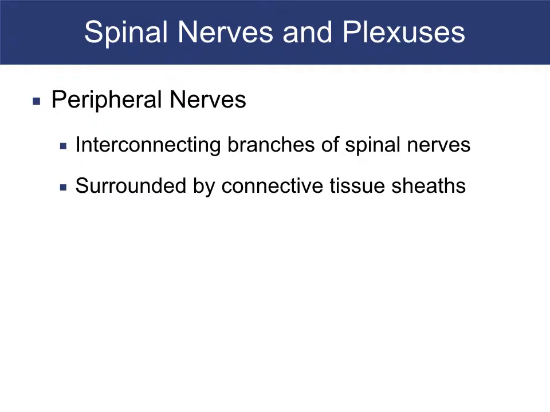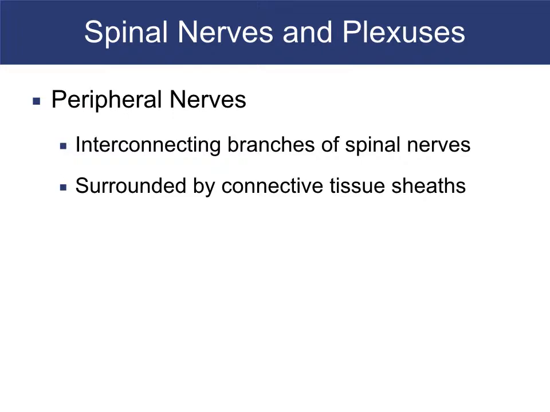Well, let's talk about the peripheral nerves, because just because these nerves all come out in a nice orderly fashion like this, they don't stay that way. I'm just going to give you an example of what I mean. Some of these nerves are going to come out here, hook up with each other, go on out here, and hook up with each other again, to make different nerves.